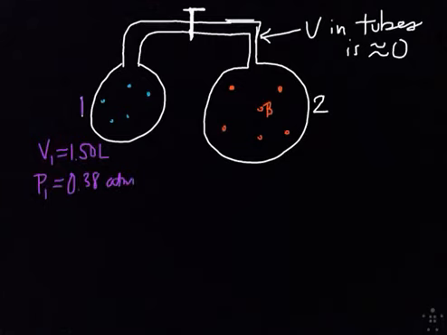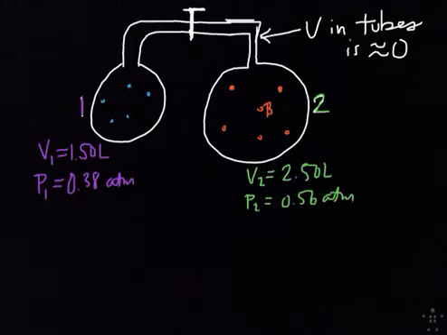And in flask 2, we have a volume of 2.50 liters, so it's a little bigger, and an initial pressure of 0.56 atmospheres.